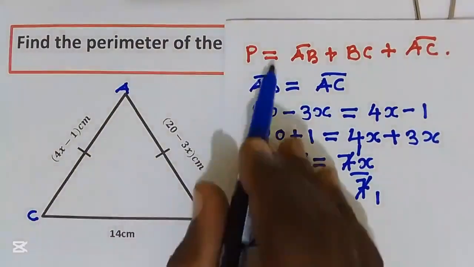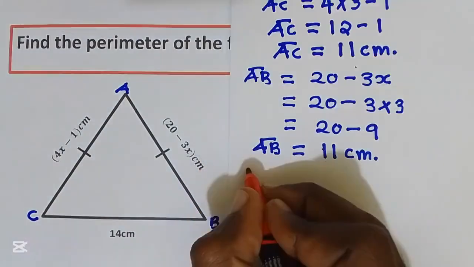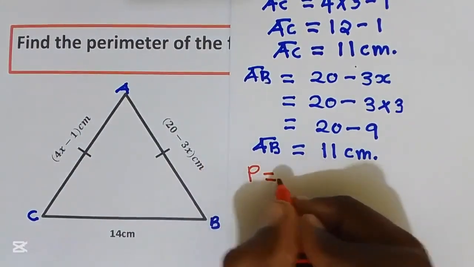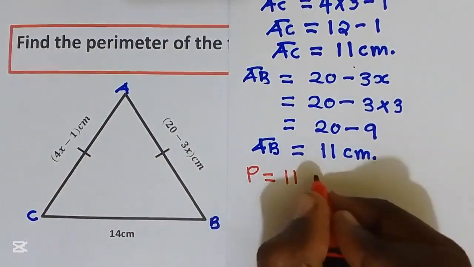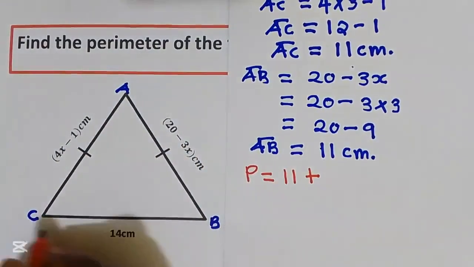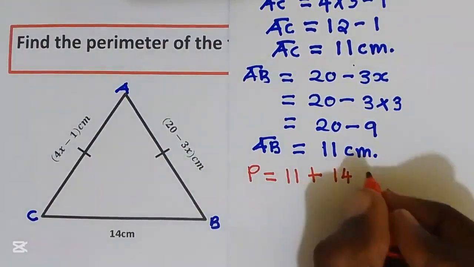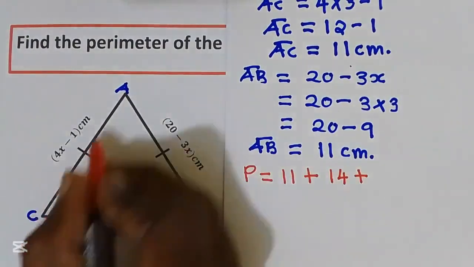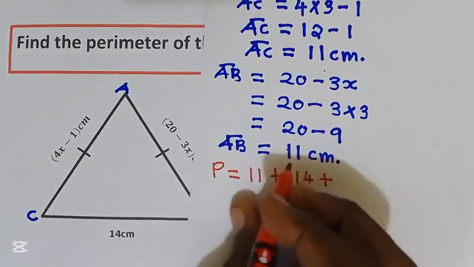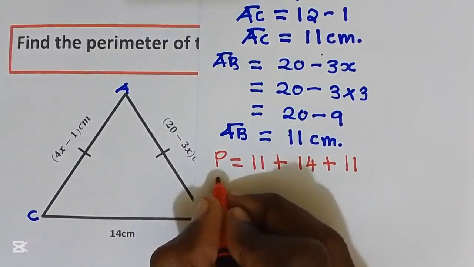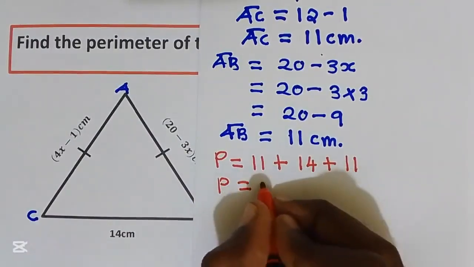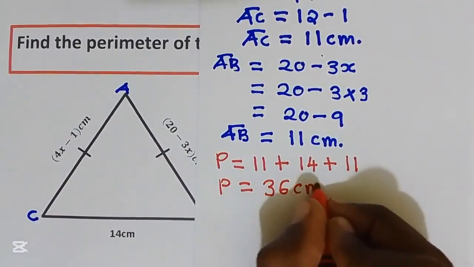So let's find our perimeter now. Our perimeter is equal to 11 plus 14 plus 11 again. This will give us perimeter is equal to 36 centimeter.